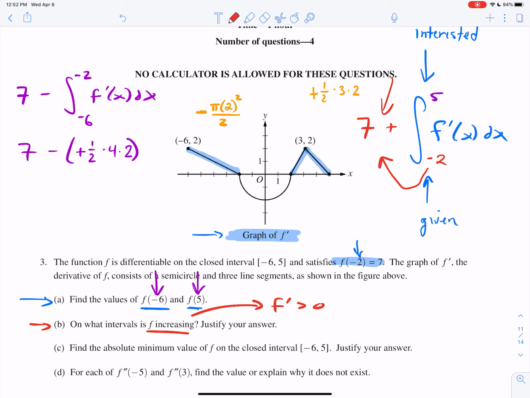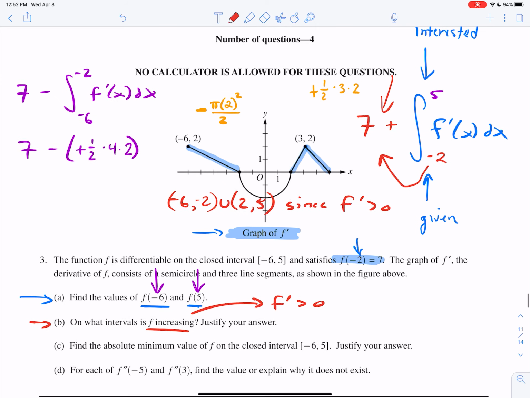Okay, so we're going from negative 6 all the way to negative 2, and then we're going from 2 all the way to 5. How do we know that? Since f prime is greater than 0. Okay, that's basically it. All right, part C.